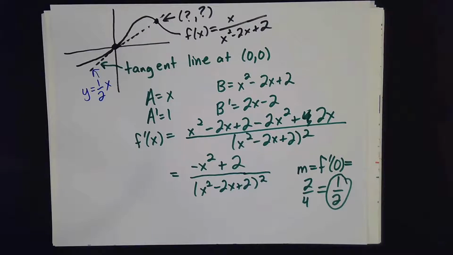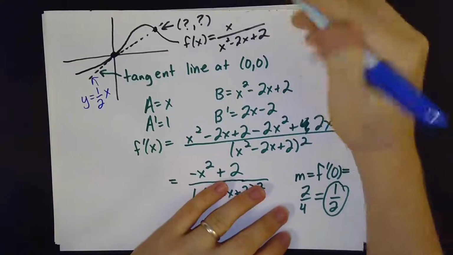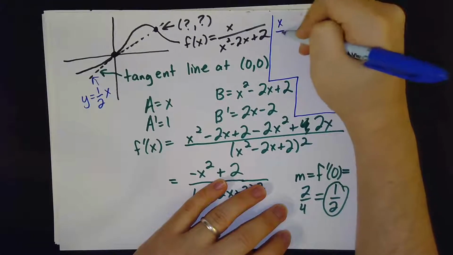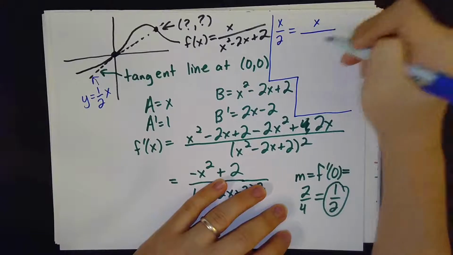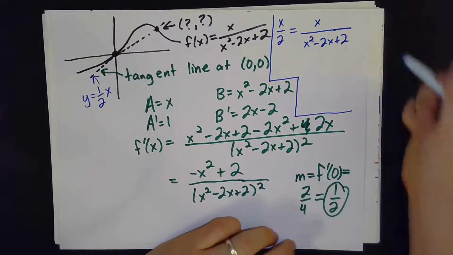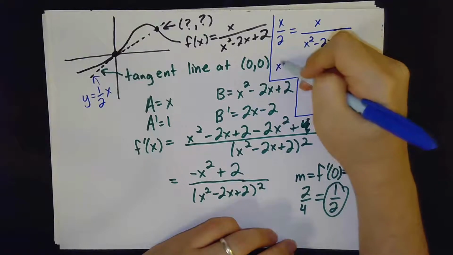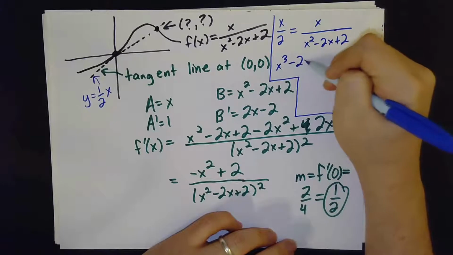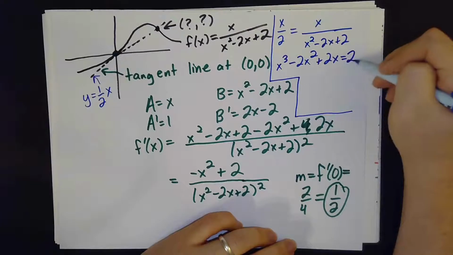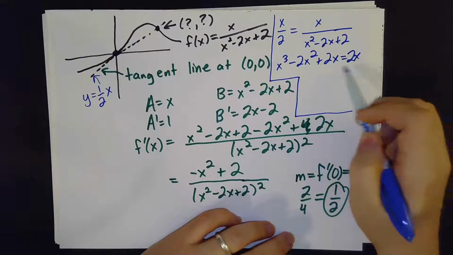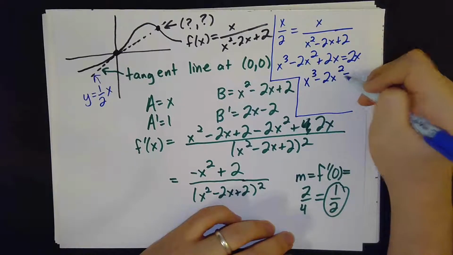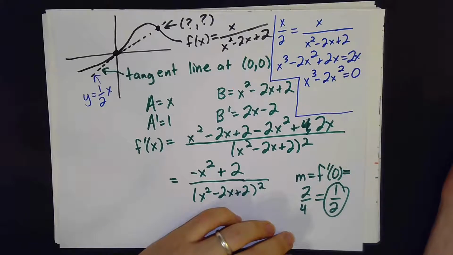So then I want to set this equal to the equation of the function. So x over 2 equals x over x squared minus 2x plus 2. When I cross multiply, it will look like this. I can go ahead and subtract the 2x over, like that.